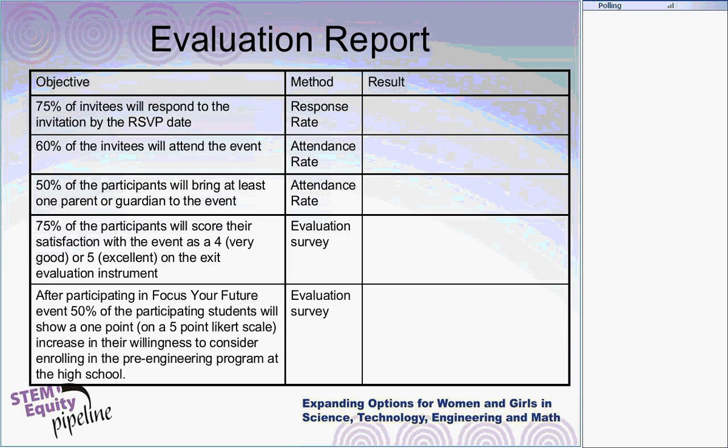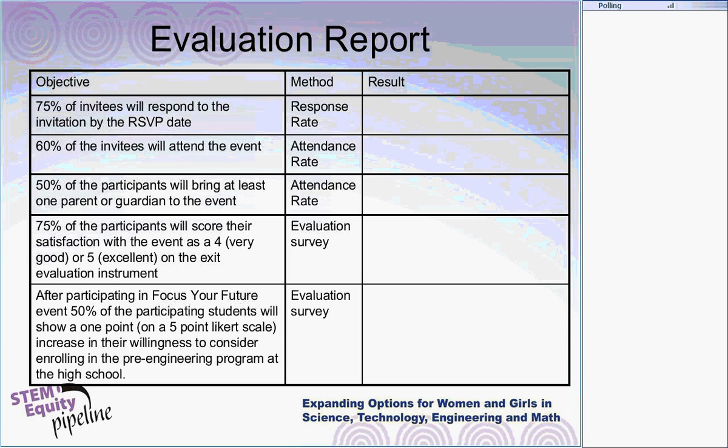These are the exact same evaluation objectives that we set up at the very beginning of the webinar. 75% of the invitees will respond to the invitation by the RSVP date. These should look familiar, et cetera. And the method, you remember this from our evaluation plan, this is the method. And the person who was responsible for each of these would prepare the narrative that would go in this result box, and so the idea is that then it could be reported out to the entire team at a review meeting.